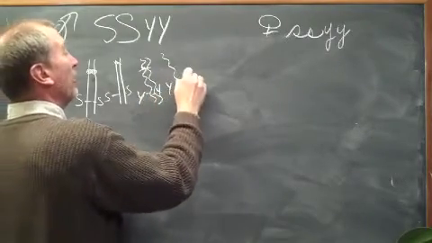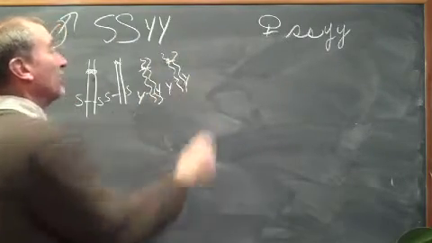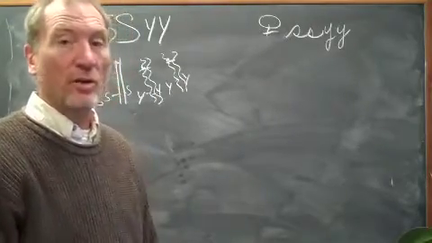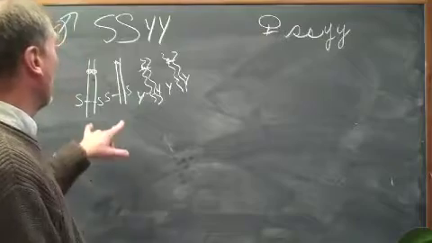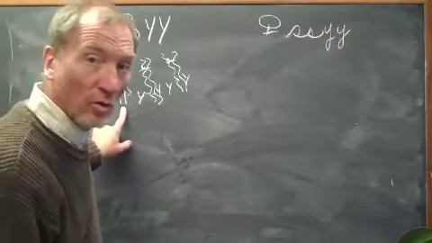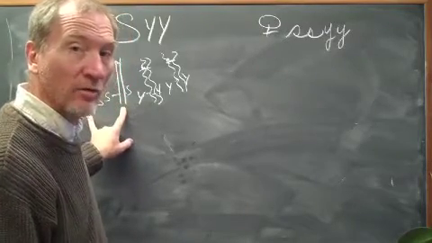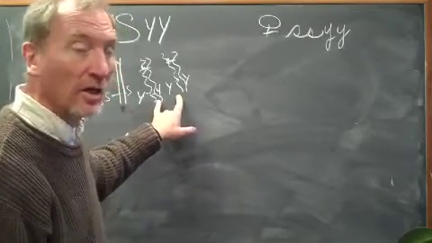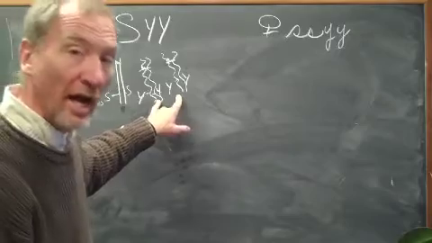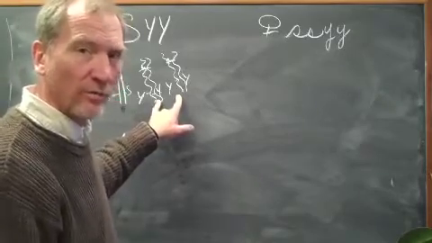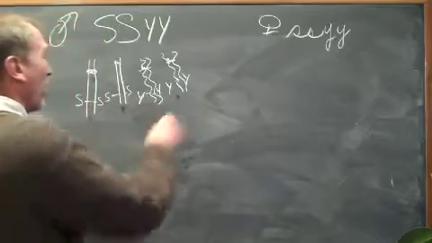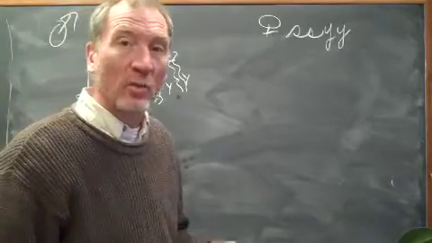Big Y, big Y. And so now we've got a cell that's ready to go through meiosis. The chromosomes with the big S allele for smooth seeds and the other set of homologs with the big Y allele for yellow seeds.